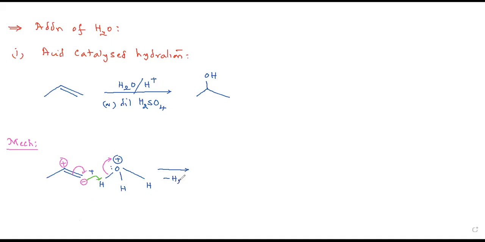The water molecule is lost. Then, of course, a secondary carbocation is what we got. Whenever a carbocation is the intermediate, we know that rearrangements occur. So these two are very important. Carbocation is the intermediate, so rearrangements are very much possible.